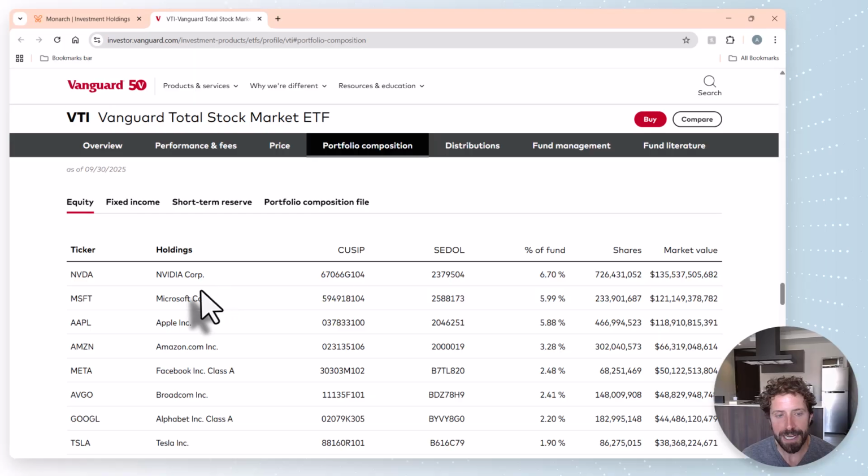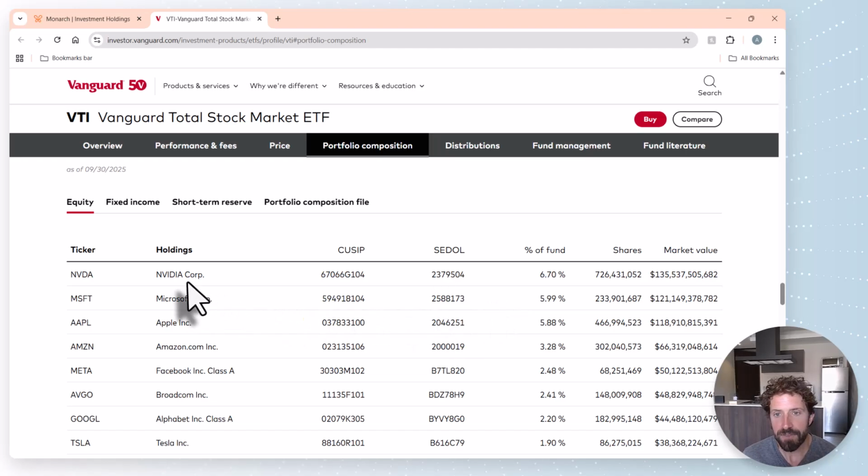So if you're worried like, hey, I'm not getting to take advantage of the growth in amazing companies like NVIDIA and AMD and Tesla and Alphabet and Microsoft, well, fear not, because anytime you invest in an index fund, it's going to reflect the overall value of that fund relative to the market.